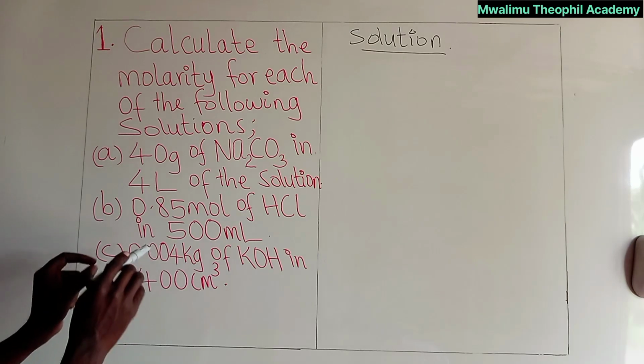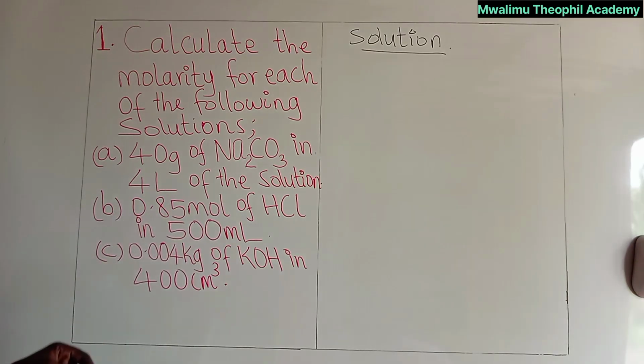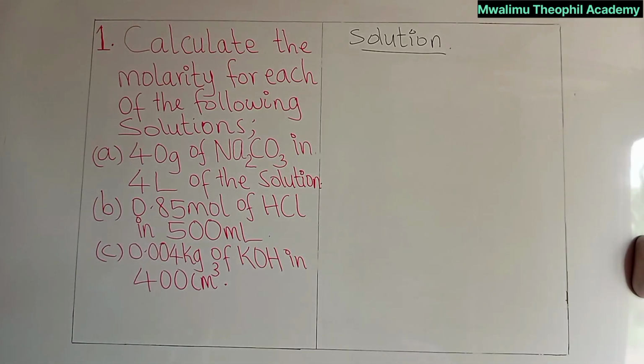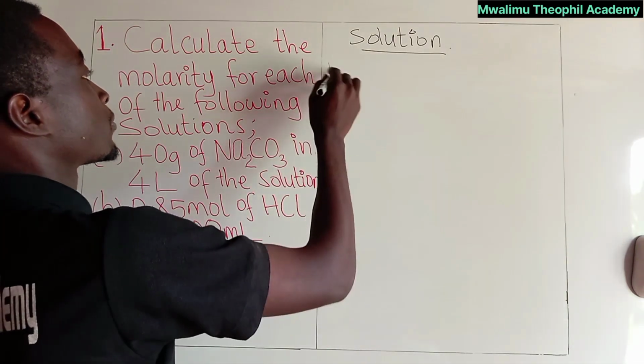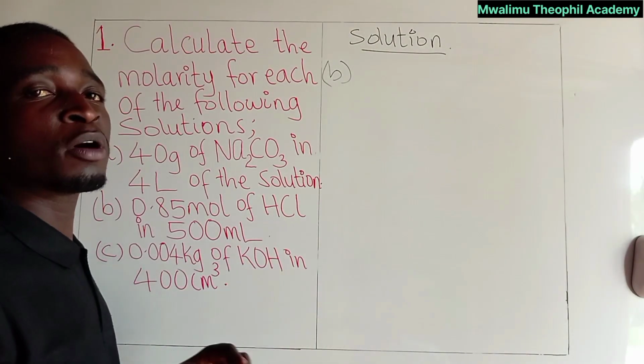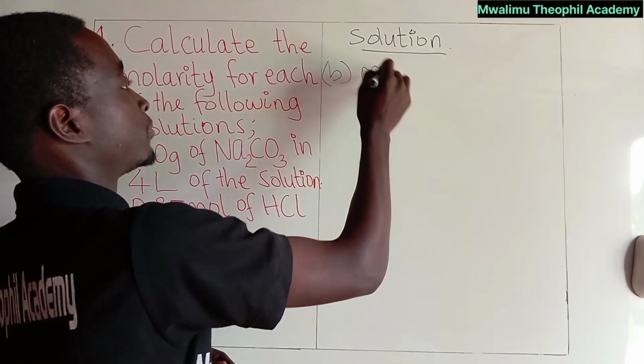After that, let's go to our second part, which is part B. In part B, we are given 0.85 moles of hydrochloric acid dissolved in 500 milliliters. Now, let's find out the molarity for this solution. As usual, molarity is equal to the number of moles over volume.